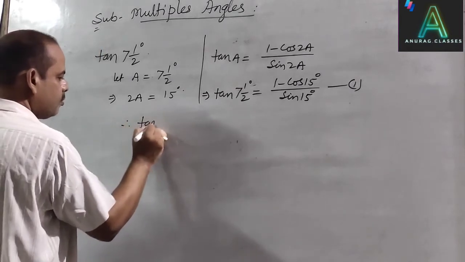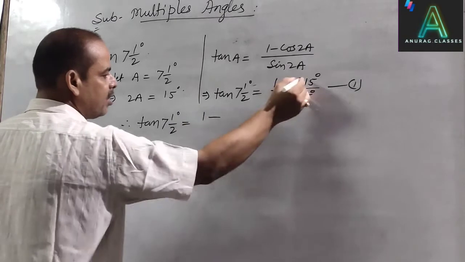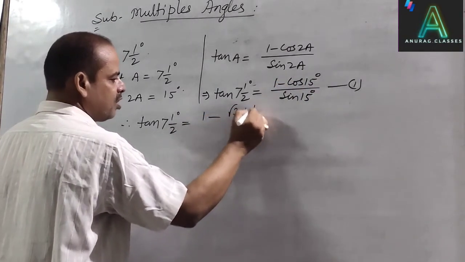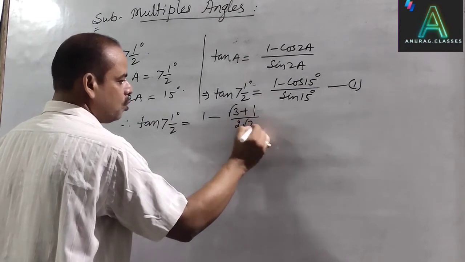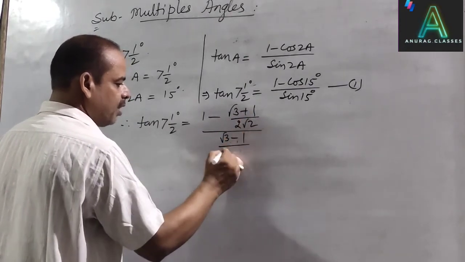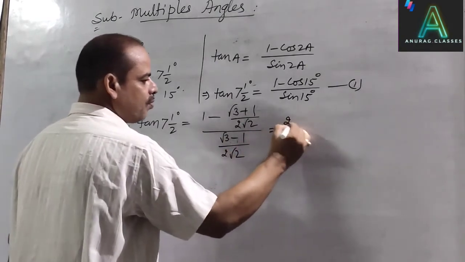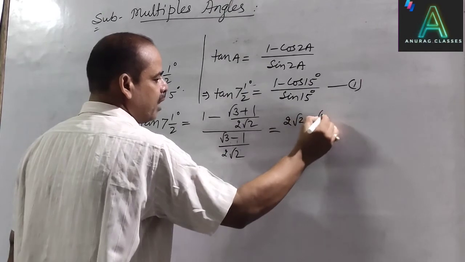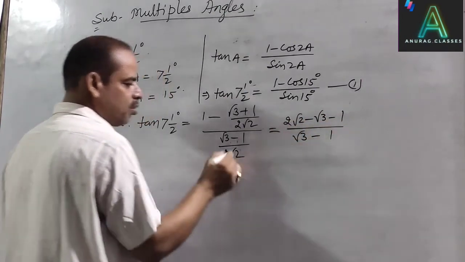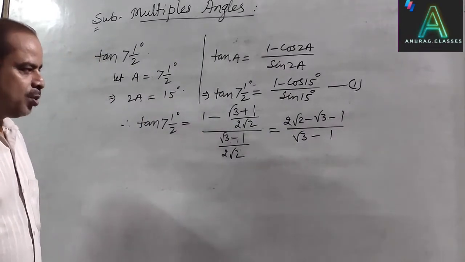Therefore, tan 7.5 degrees will be 1 minus cos 15, but the value of cos 15 was (root 3 plus 1) by 2 root 2, and sin 15, its value is (root 3 minus 1) by 2 root 2. On taking LCM, it is (2 root 2 minus root 3 minus 1) divided by (root 3 minus 1). The 2 root 2 cancels out from numerator and denominator both.